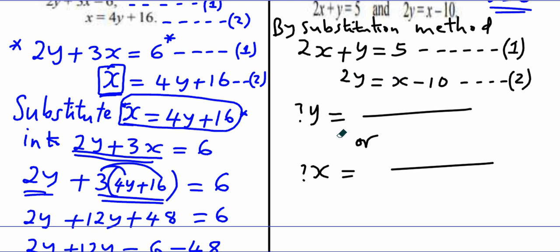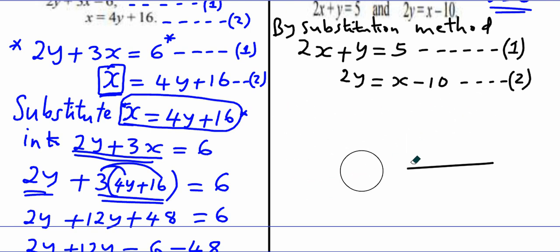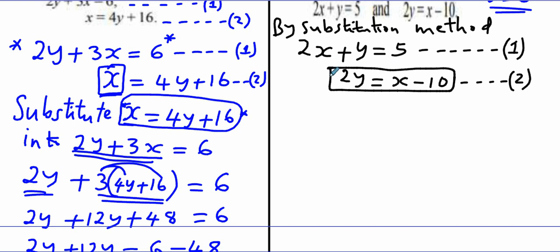You may be confused that equation number 2 already has a letter which is the subject, but that's not true. We are almost having letter y to be the subject, but not yet. So what we do, we take advantage of that.